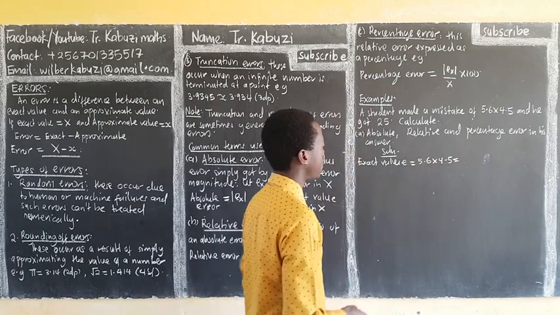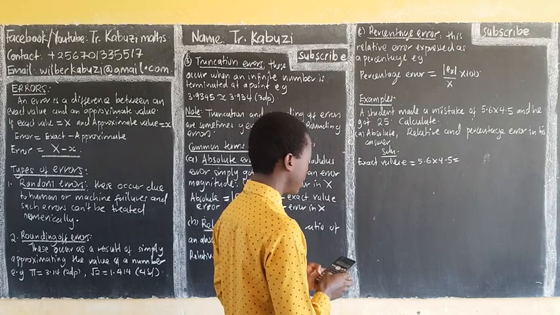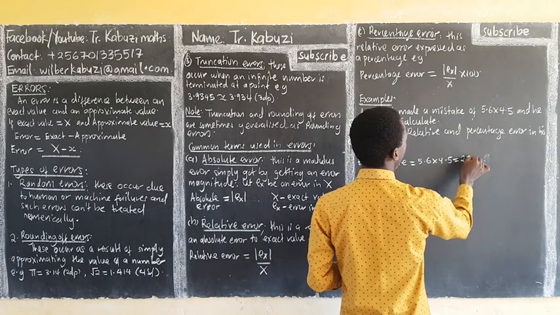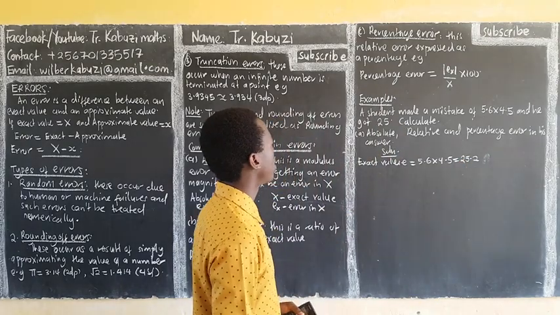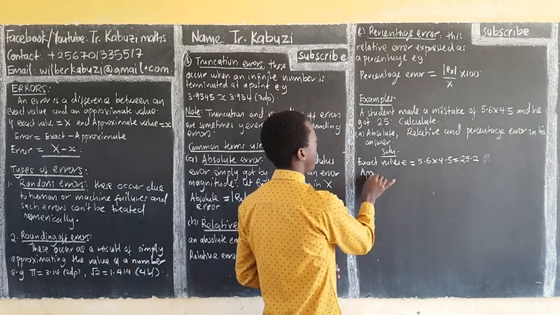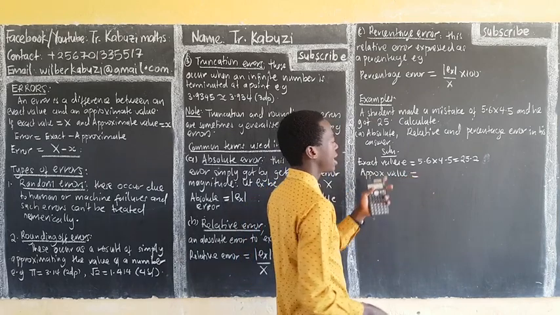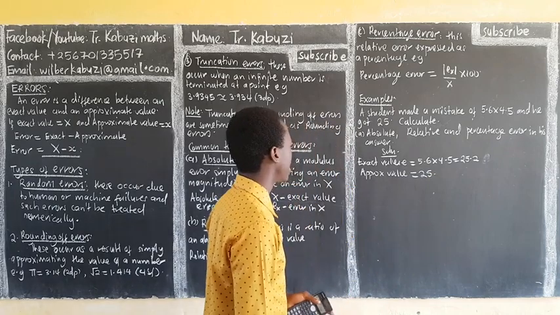When you press that on the calculator, you get 25.2. So that's the exact value. Our approximate value is the one this student got as 25.